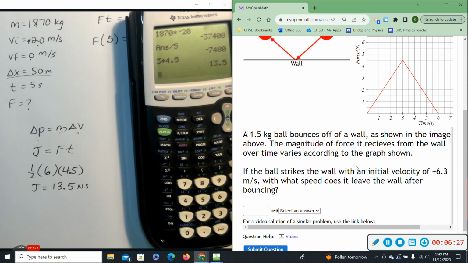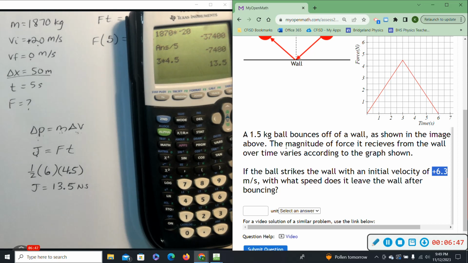However, there's one thing we need to pay attention to, and that is the fact that the graph shows the magnitude of force. I do need to think for a second about the direction. If this ball is initially traveling in the positive direction, when it hits the wall, it will now be going in the negative direction.